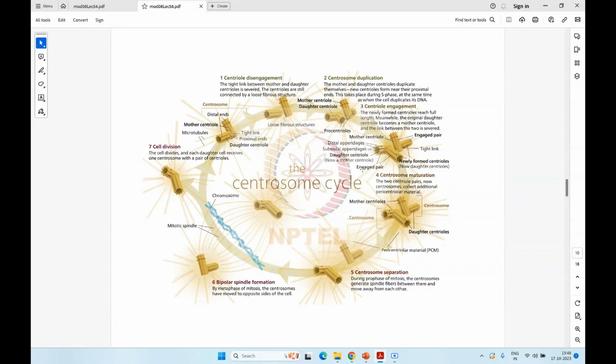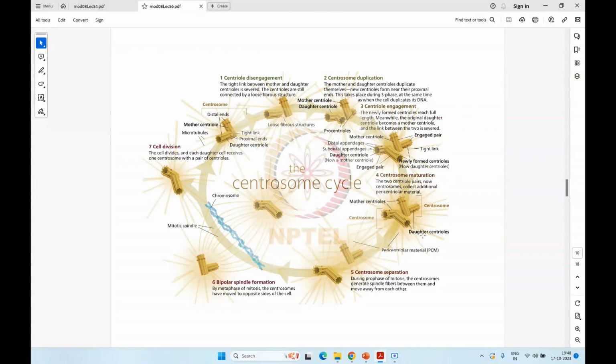The proteins that are present in the mother centriole would also assemble on the daughter centriole, which is what happens during centrosome maturation and engagement.